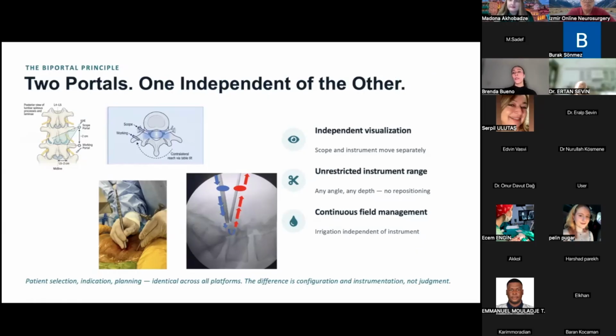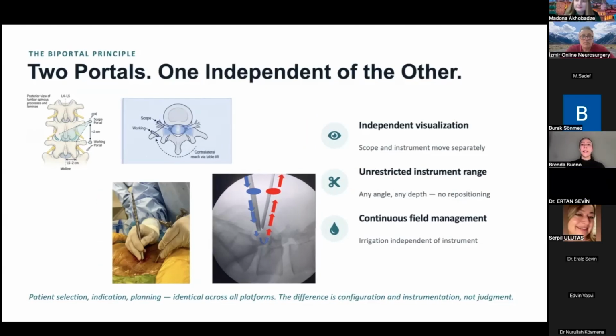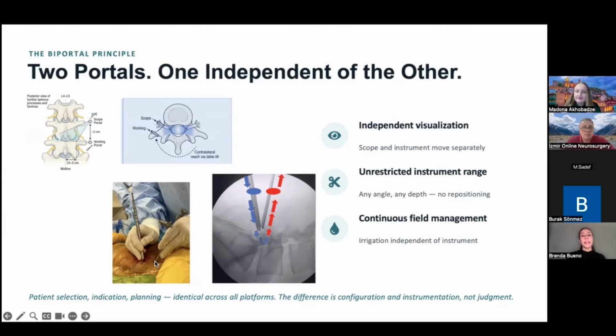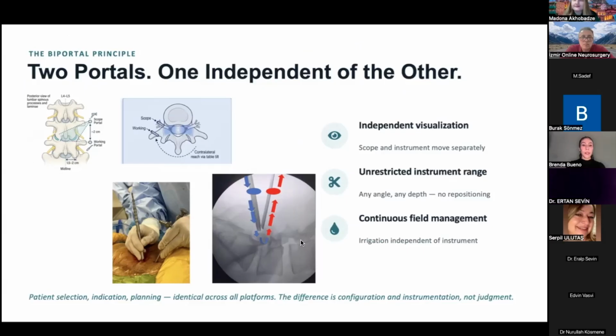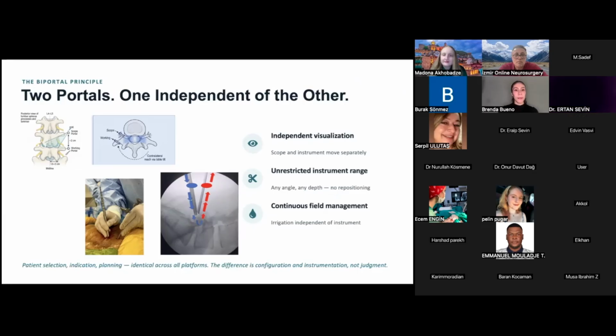You can move at any angle, any depth, without the necessity to reposition the portal. Another thing is that the continuous fluid irrigation is independent of the working portal. So you always have a clear visualization and work with more confidence. This is different especially compared with uniportal.